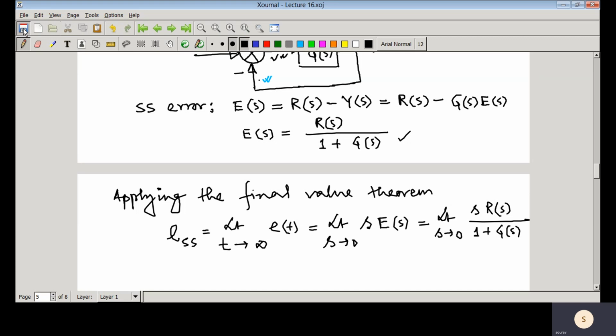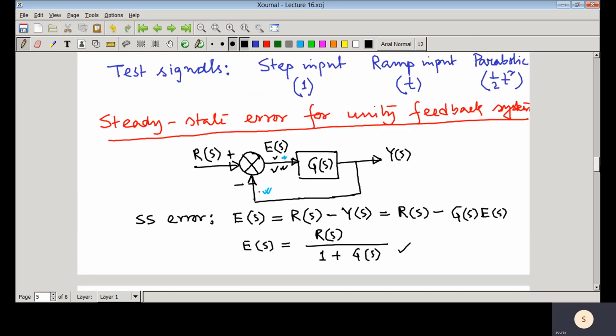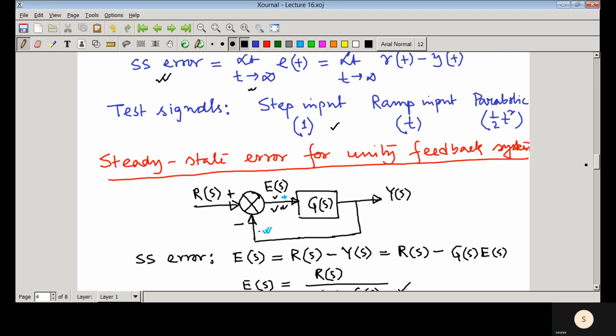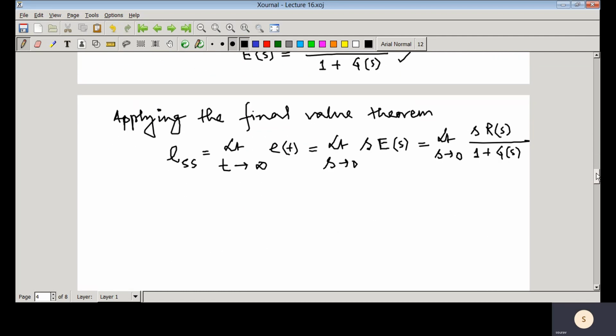So now let us see what happens in case of step input. So if R(s) is step, then what happens? So that means if we apply step input, then for the steady state error we get limit s tends to 0 s R(s) by 1 plus G(s).